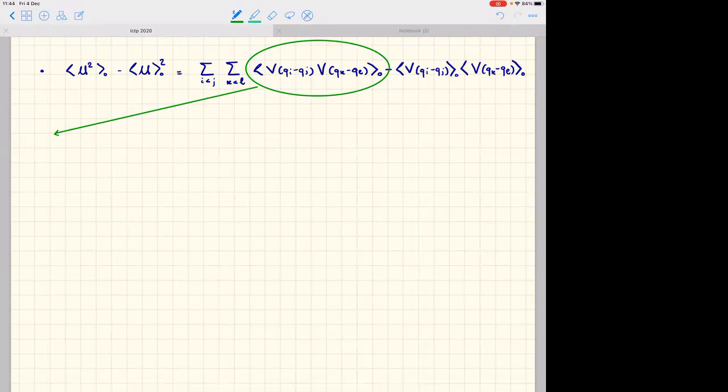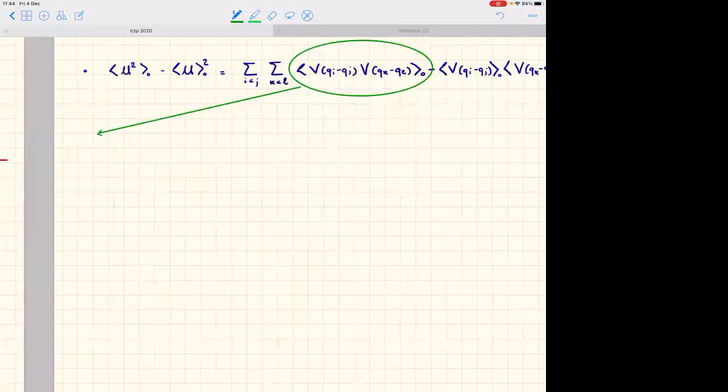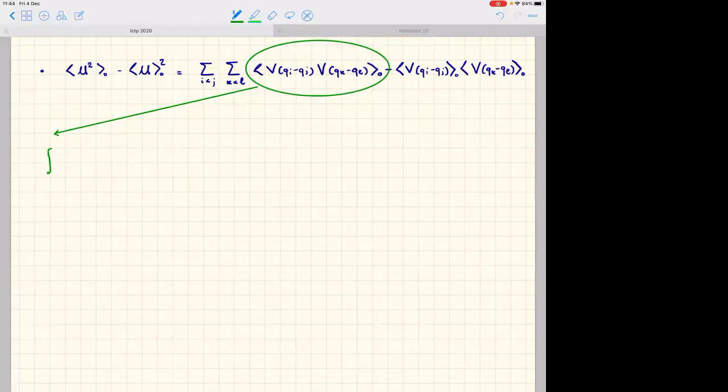If you repeat the same calculation as the one we have done here, so I will not do it because it's obvious, this comes out to be the integral over dq1, dqi, dqj, dqk, dql divided by volume to the fourth power of V(qi minus qj) V(qk minus ql).